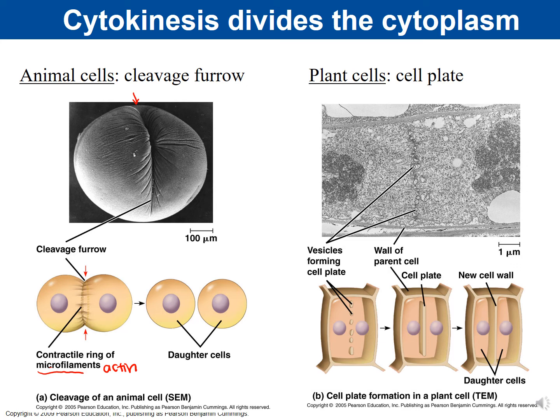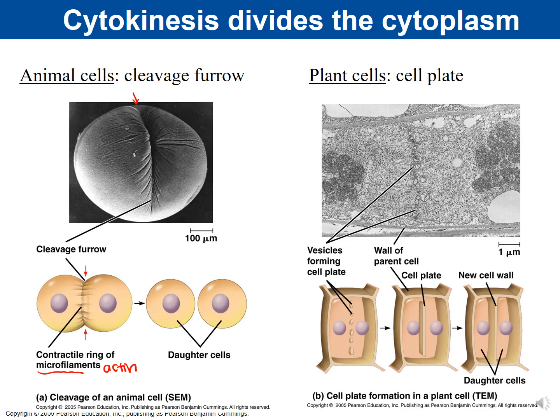Same idea here for the cleavage furrow. Myosin and actin are going to work together. They're going to contract and they're going to physically divide that one cell into two. Think of it like it's pinching it off. It's going to pinch down the middle and it's going to pinch it until you end up with two daughter cells. So that's for animal cells.